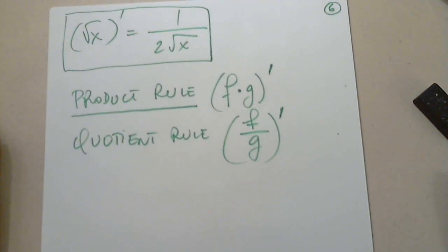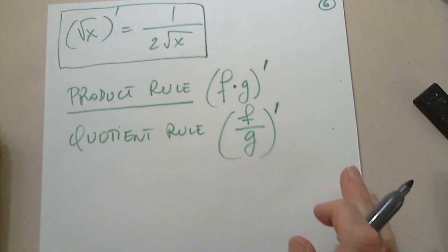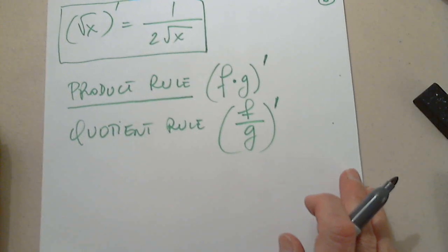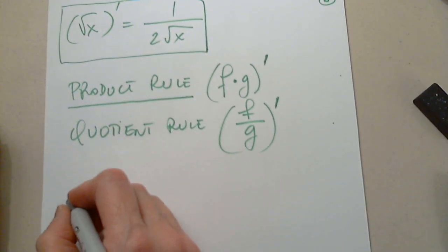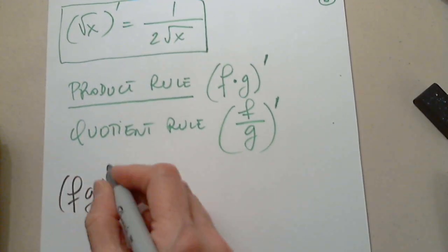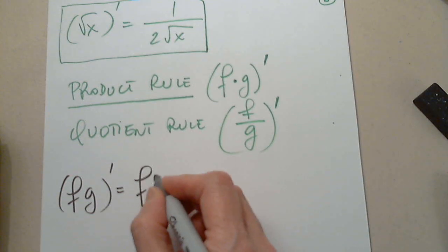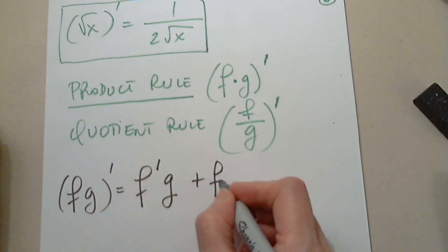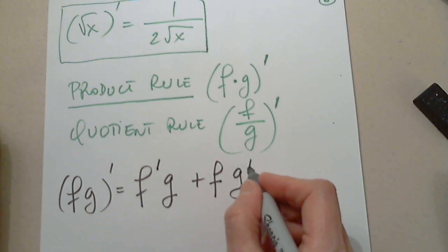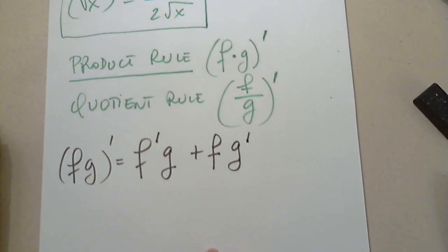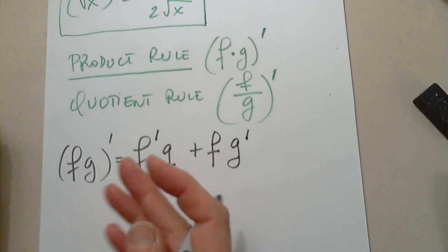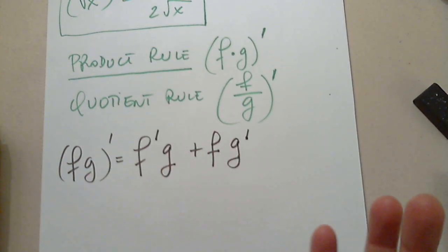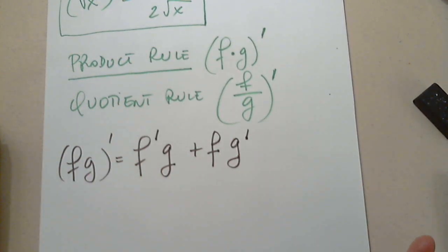So these two are specific and very clear and cannot be changed, and you can never try to do anything to them. So f times g prime is f prime times g plus f times g prime. If you want to twist these around, you can. If you find a different way of writing it, I'm fine with it.